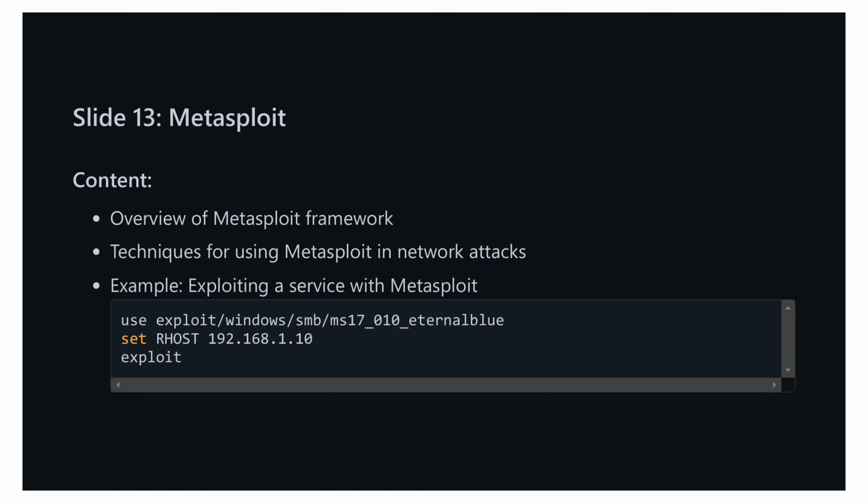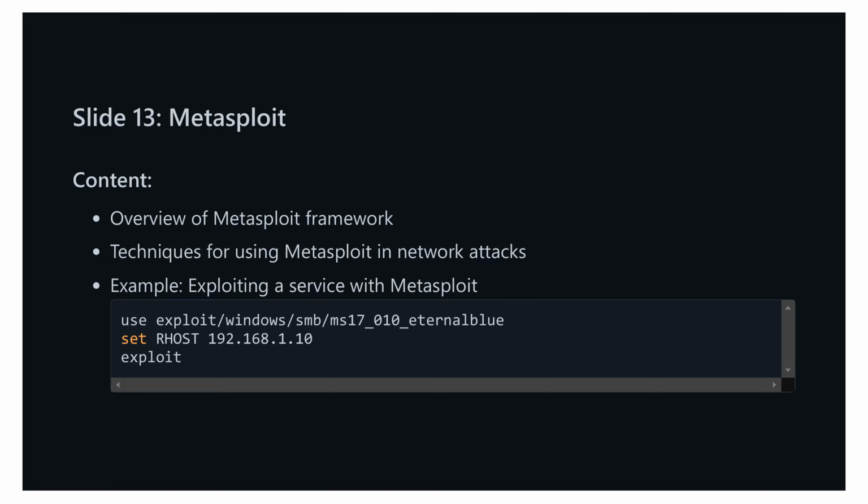Then, you would set the target host address: set RHOST 192.168.1.10. And finally, execute the exploit: exploit. By doing this, Metasploit will attempt to exploit the SMB service on the targeted machine located at 192.168.1.10 using the EternalBlue vulnerability.